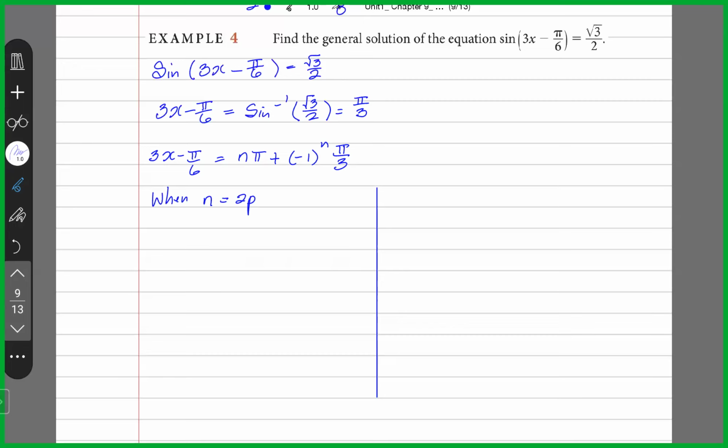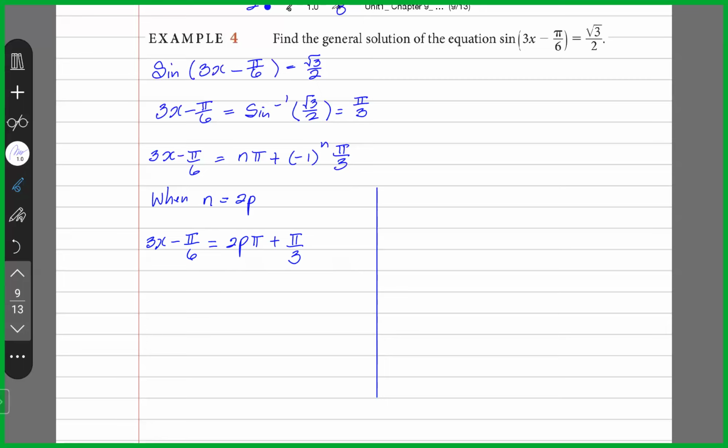When n is even, whenever you raise a negative number to an even power, it's going to come out positive. So when n is even, 3x minus pi by 6 is equal to, n is 2p, so it's 2p pi plus pi by 3, positive pi by 3.